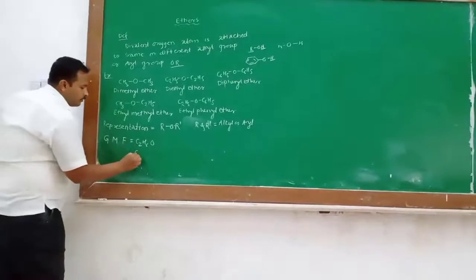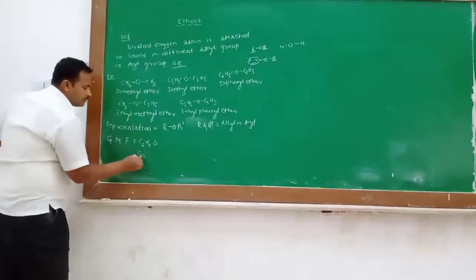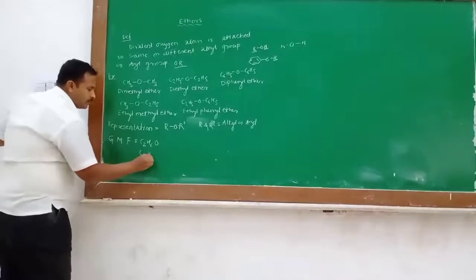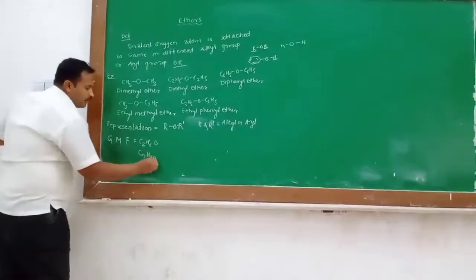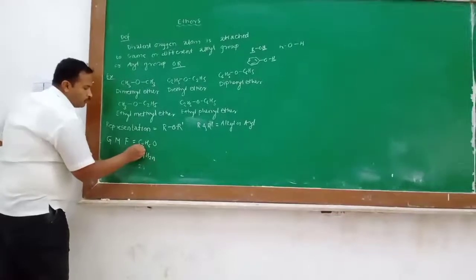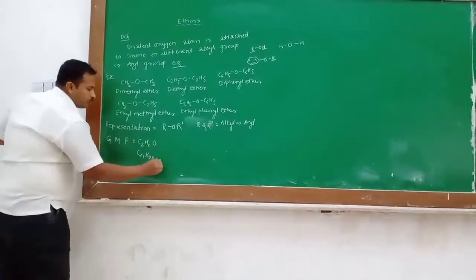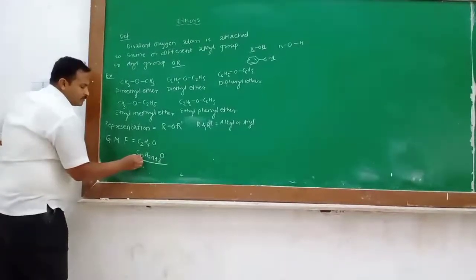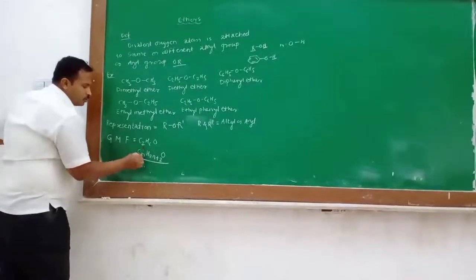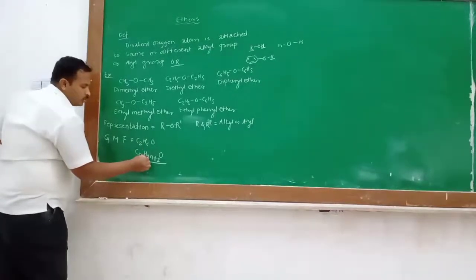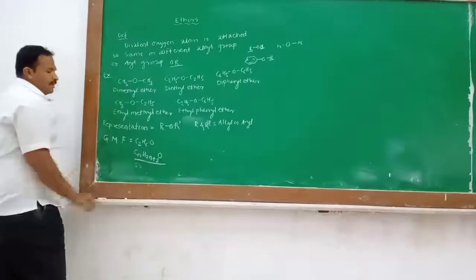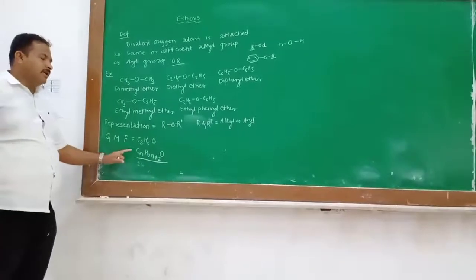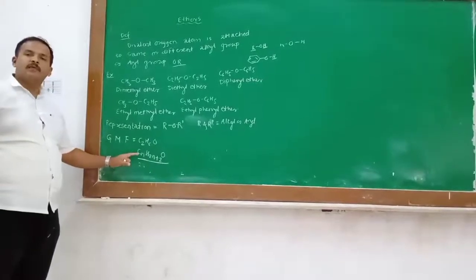You can find out CnH2n+2O, where n stands for the number of carbon atoms. N is equal to 2, so C2, H is 2 into 2, 4, 4 plus 2, 6, and O. The general molecular formula of ether is CnH2n+2O.